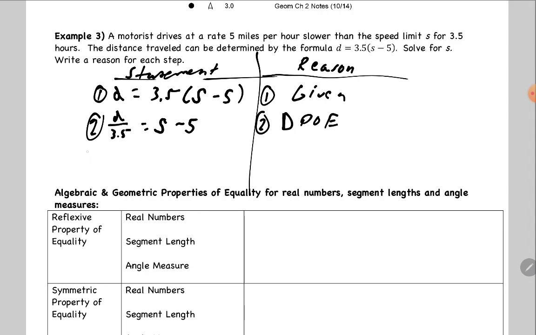And now we're going to move the 5 over. So we're going to add 5 to both sides. So I have d over 3.5 plus 5 equals S. And that was through the addition property of equality. Okay?